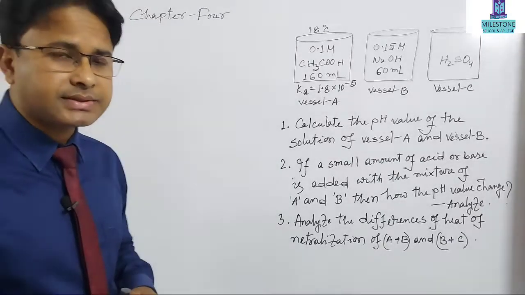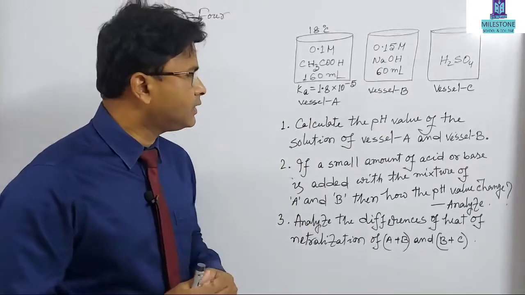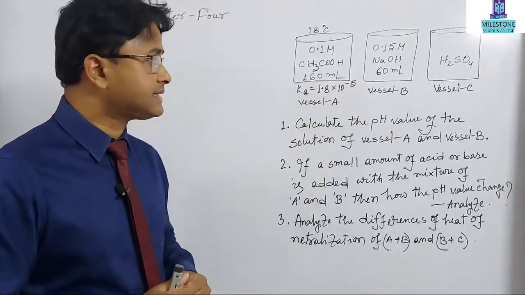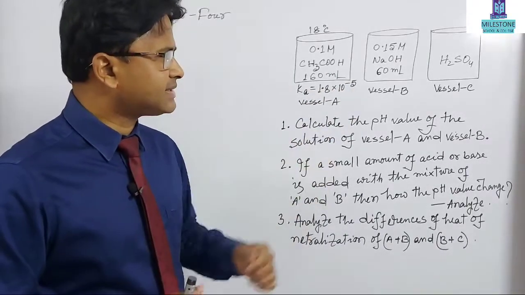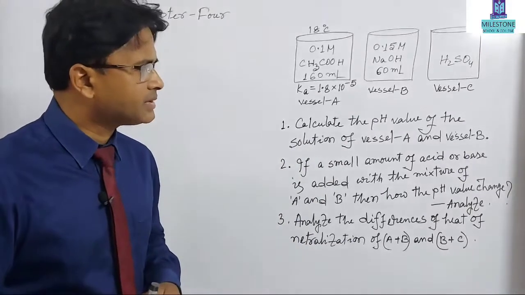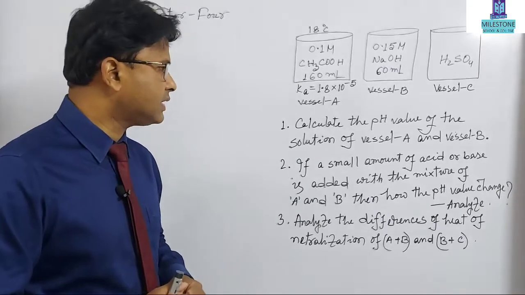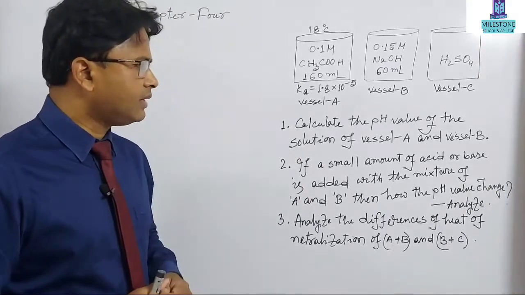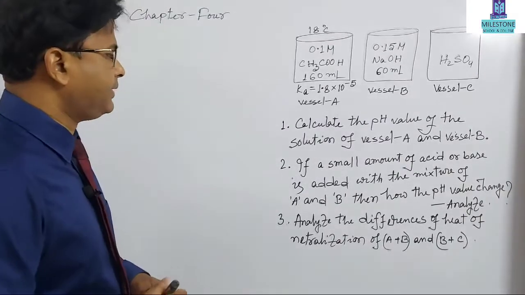Basil B contains 0.15 molar sodium hydroxide, and the volume of sodium hydroxide is 60 ml, and Basil C is sulfuric acid. The first question is: calculate the pH value of the solution of Basil A and Basil B.